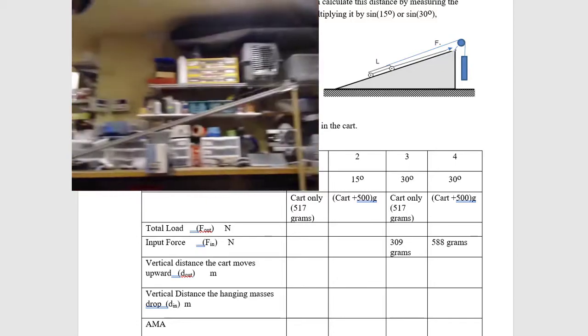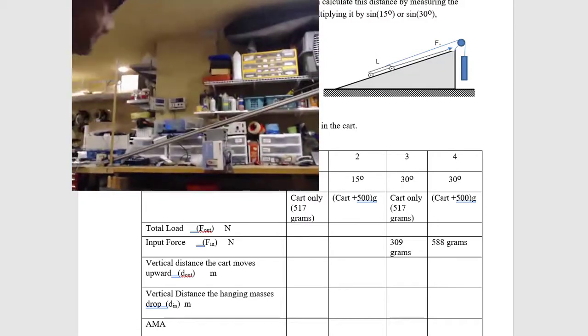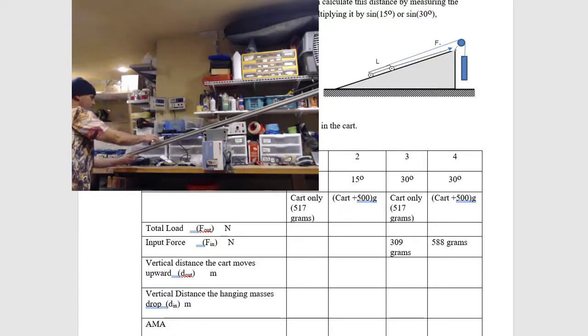What I did is I measured the distance from where the cart started, which was here, to where it ended when the hanging mass was at a 40 centimeter drop. This was a 10 centimeter rise. So this went up 10 centimeters when that went down 40.